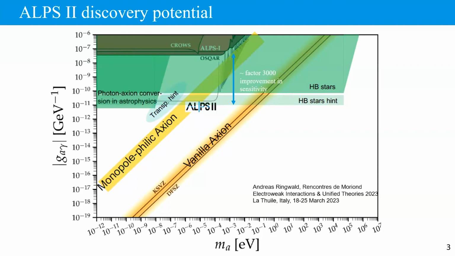So the main goal of ALPS II is to improve the sensitivity. Furthermore, the motivation for ALPS II, as I said, is the astrophysical observation like the transparency of the universe to tera-electron volt photons.